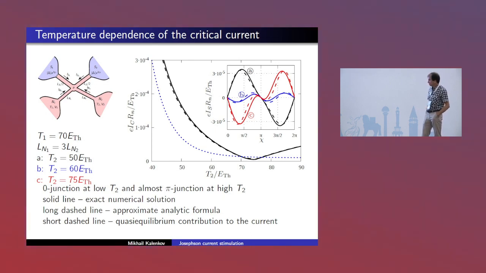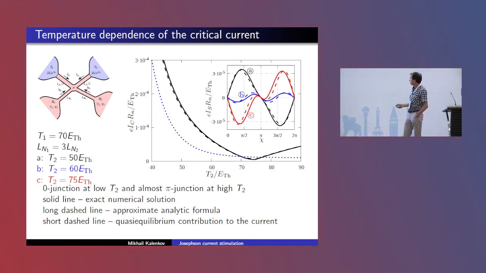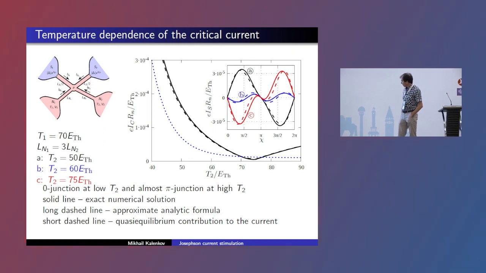The condition that the temperature is quite low allows us to disregard the overgap contribution to the current. If your temperature is large enough, then we should take that into account. But I believe that the non-equilibrium contribution to the current, which goes as 1 over T, will still be there.